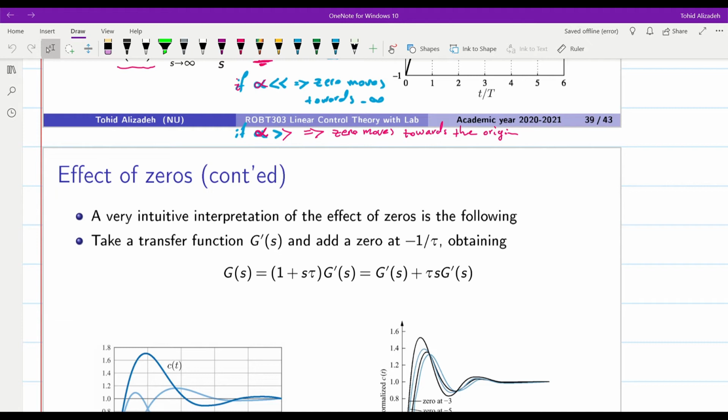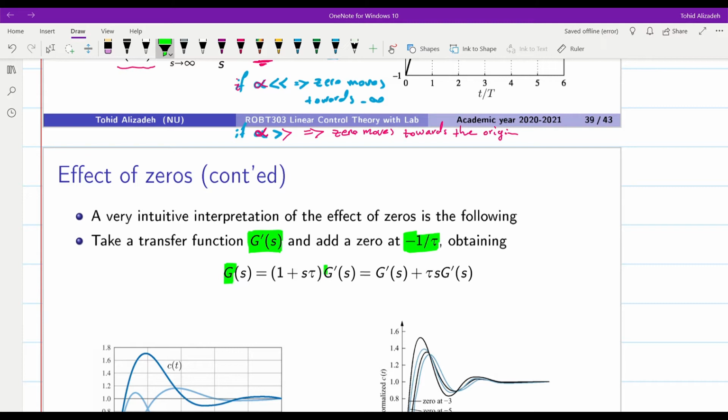Now, if we consider the general case, we can have an intuitive interpretation of the effect of the zeros. We can take a transfer function such as g prime into account, and then add a 0 at minus 1 over tau to this transfer function, which will give us another transfer function which is denoted as g.